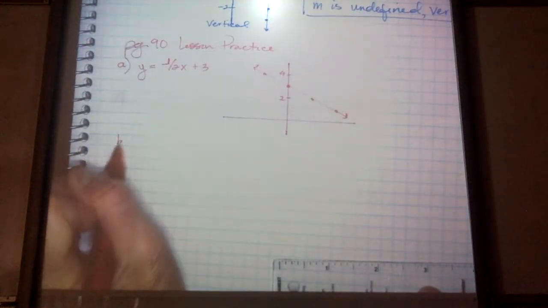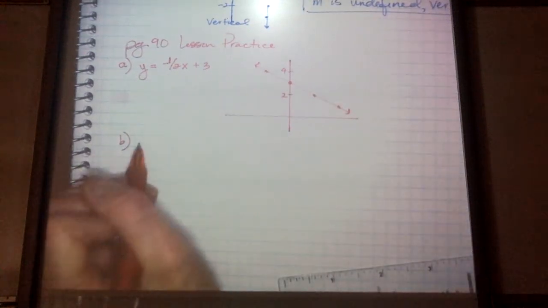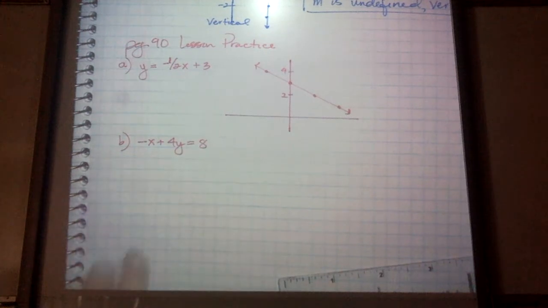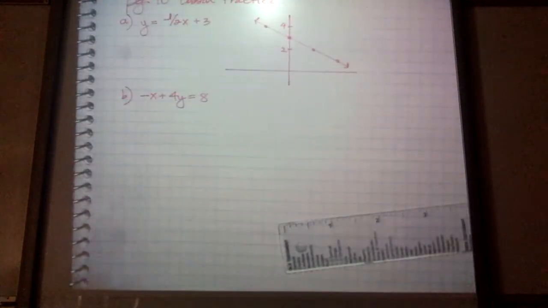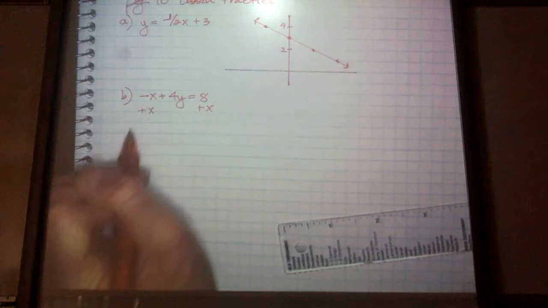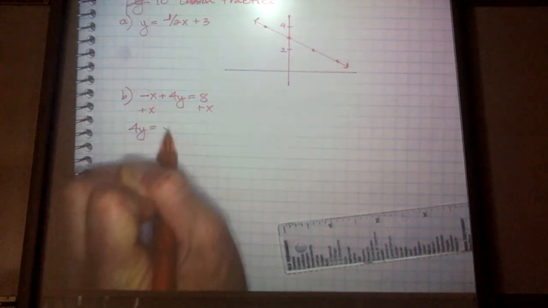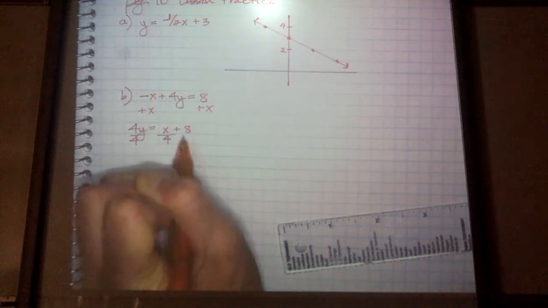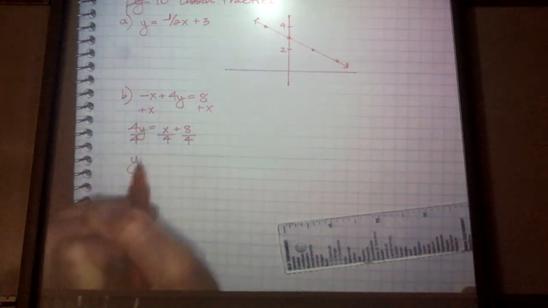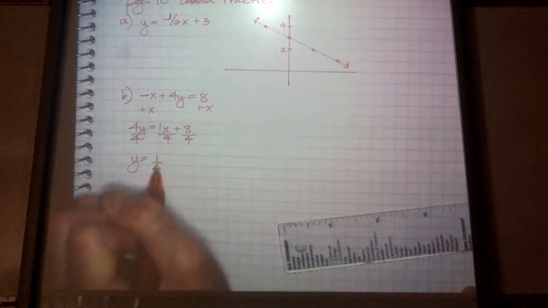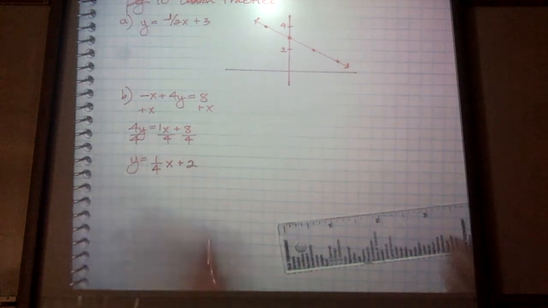All right, B. The equation is negative x plus 4y equals 8. It said to use x and y intercepts, but I'm going to keep it in slope-intercept form. I think it's much easier. So 4y equals x plus 8. Divide by 4. Remember, you can pause the video. Y equals, there's an invisible 1 right there, so 1/4 x plus 2.